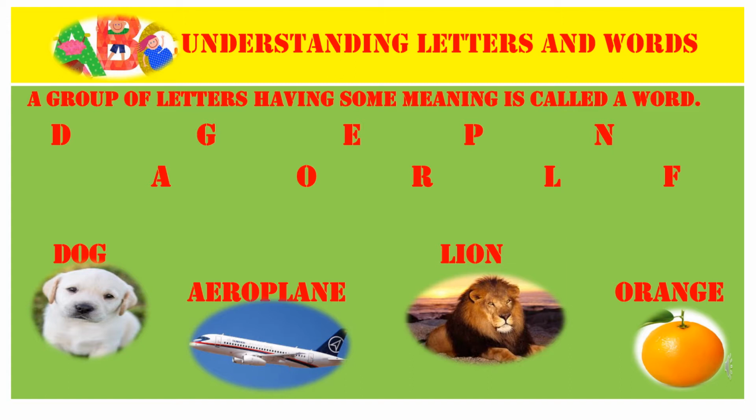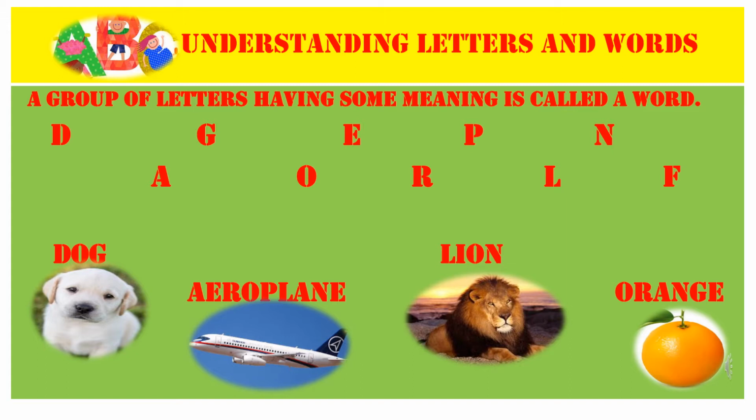Next picture is aeroplane. So what do we do now? What is the spelling of aeroplane? Aeroplane. So now, from where did you get the spelling? You got the spelling by joining a set of letters. Aeroplane, these letters you can see on the screen over here.